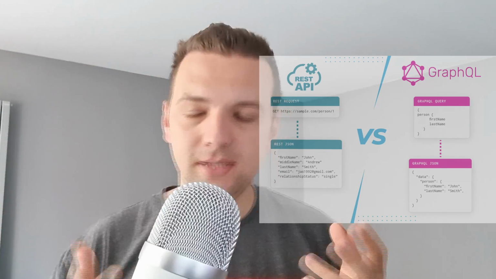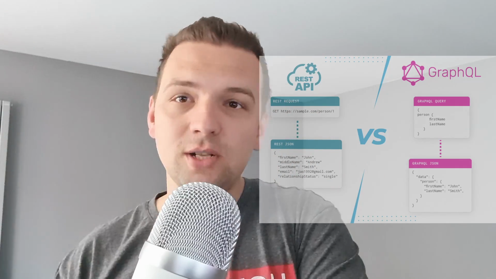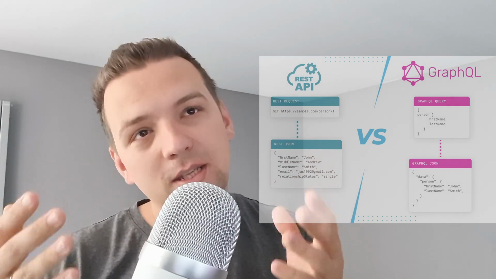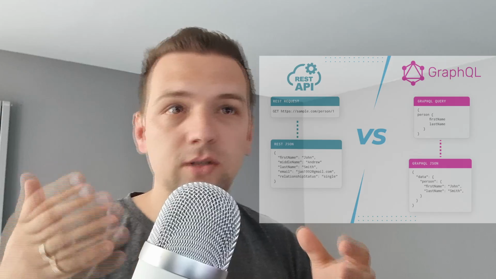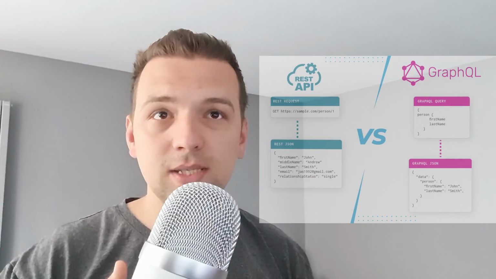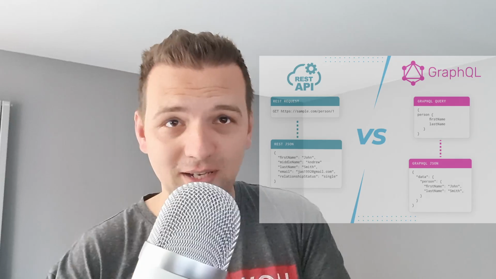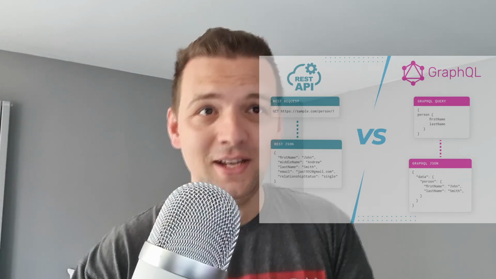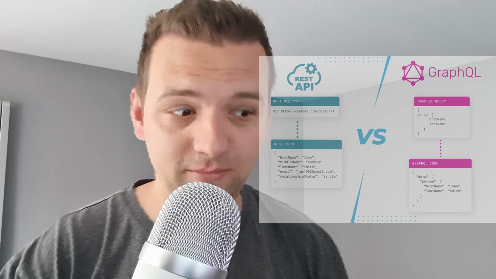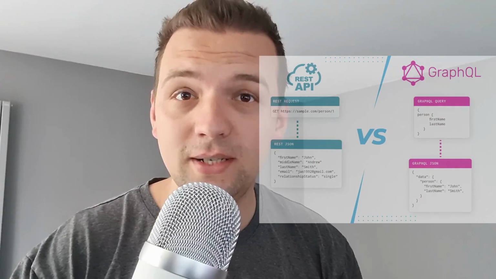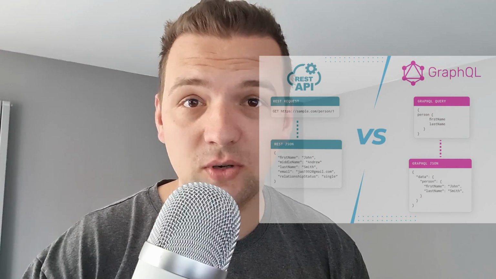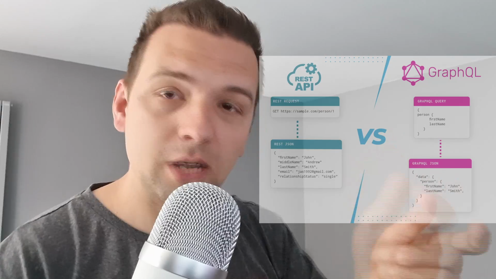REST stands for Representational State Transfer, which is an architectural style that conforms to a set of constraints when developing web services. Okay, is that too complicated? For example, let's say you have a server somewhere and you want to give your clients access to part of that server.